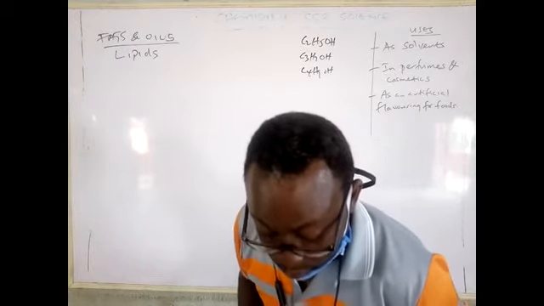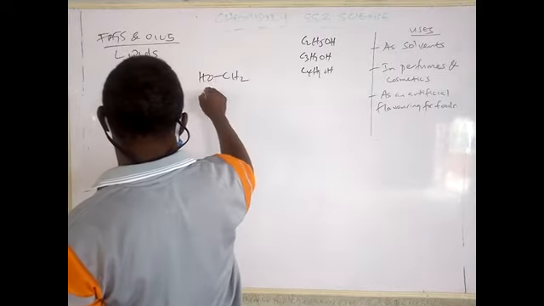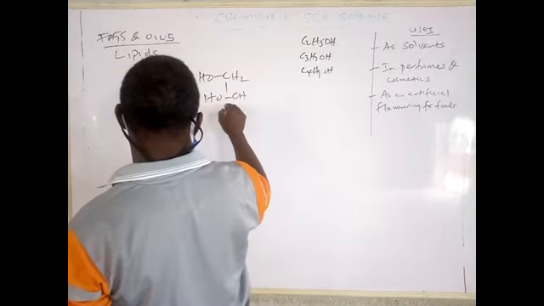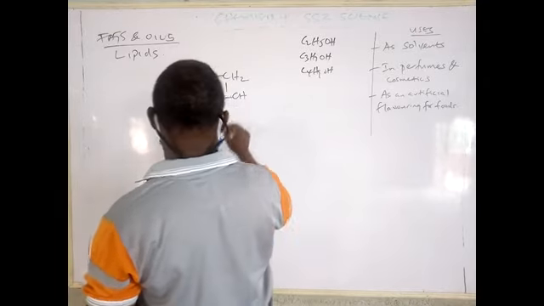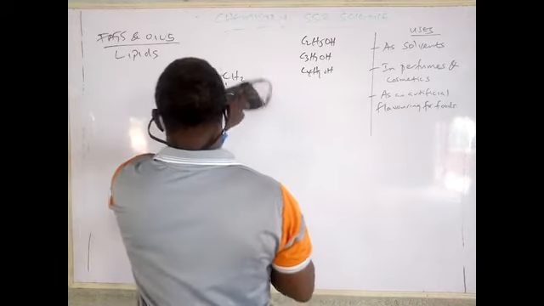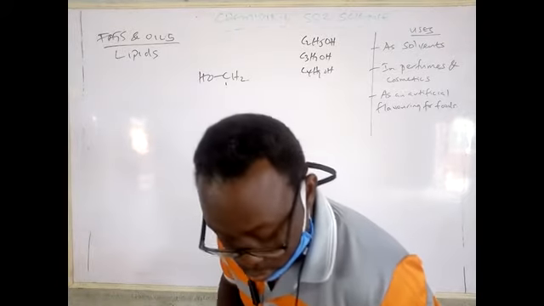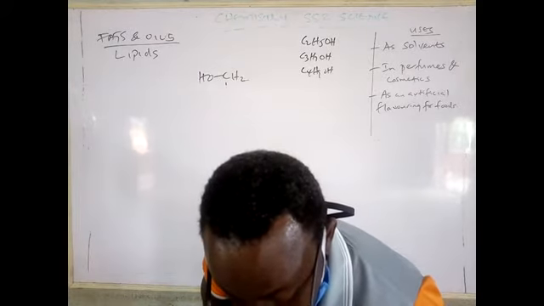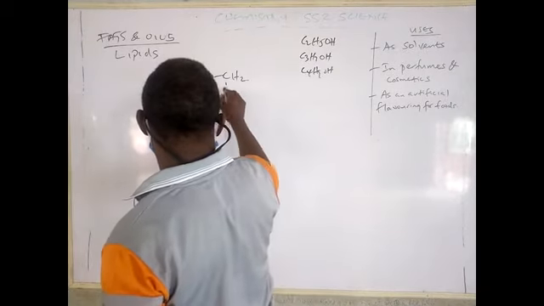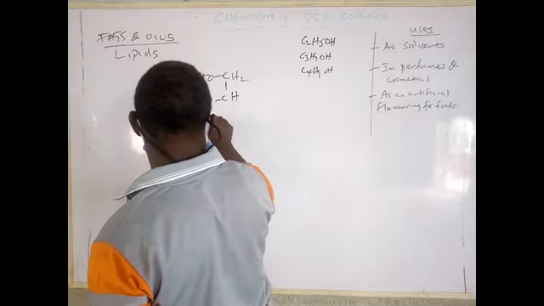So when you have propane-1,2,3-triol reacting with a fatty acid, you will have the fat and oil we are talking about. Don't forget, carbon must join to carbon in whatever you are drawing.